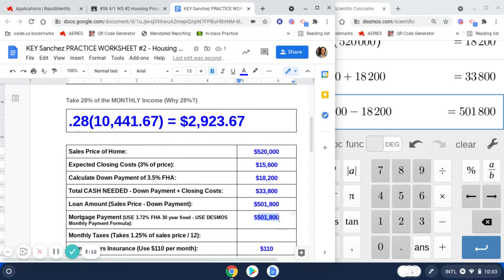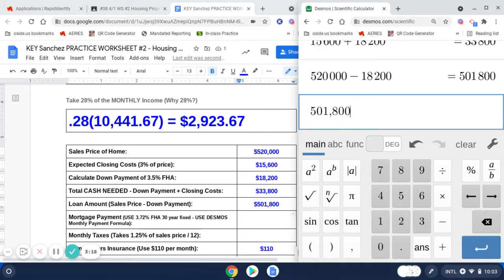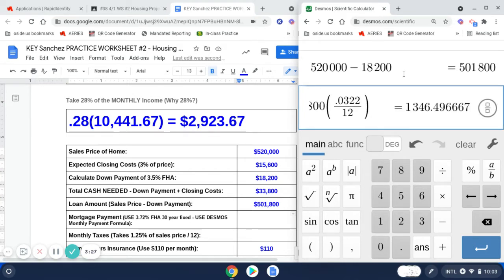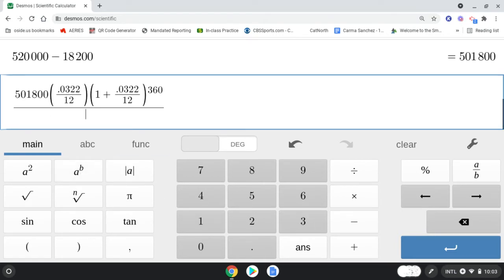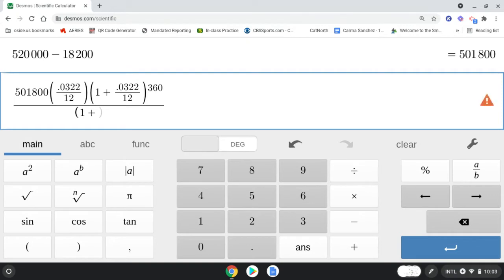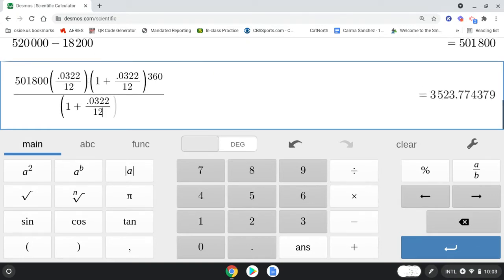And then for the mortgage payment, we're going to use this number. Remember, Desmos doesn't like commas. With a rate of 0.0322 times 1 plus the rate over 1 plus the rate divided by 12 to the power of 360 minus 1.